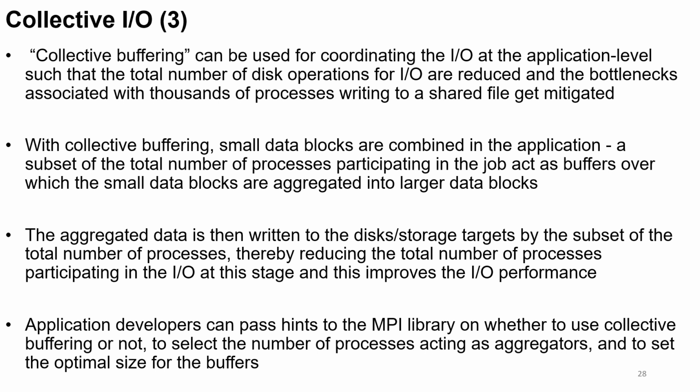With collective buffering, a subset of the total number of processes participating in the job act as buffers over which the small data blocks are aggregated into larger data blocks, and then the aggregated data blocks are written to the disk or storage targets by the subset of the total number of processes. And hence this process reduces the total number of MPI processes participating in I/O at this stage, and eventually this improves the I/O performance.